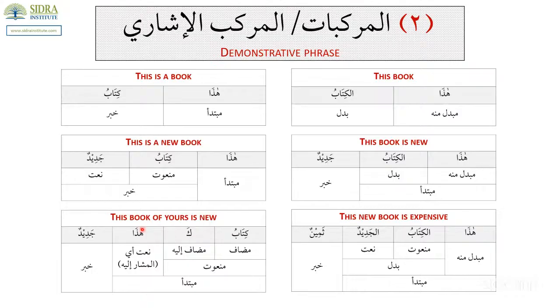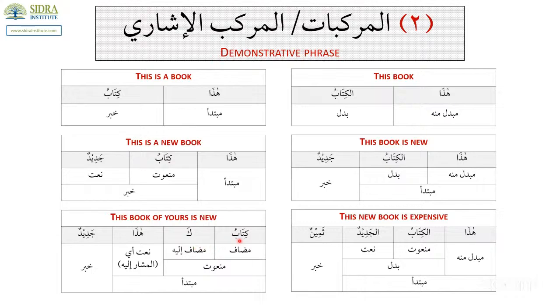So Kitabuka means your book, but then we're saying this book of yours, and then Jadidun is new. Because if you say Hadha Kitabuka, that will mean this is your book. And if we say Hadha Kitabuka al-Jadid, say al-Jadidu, that'll mean this new book of yours.